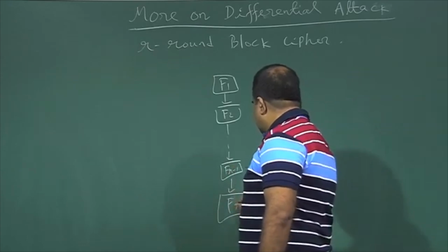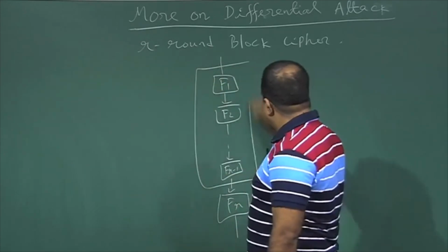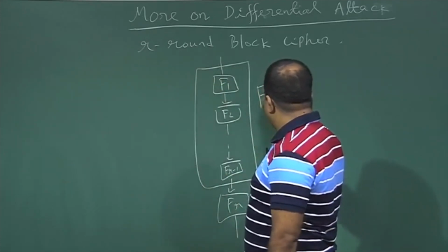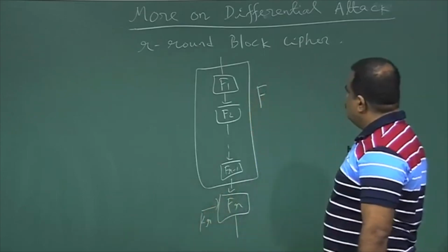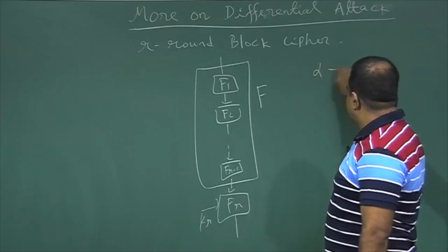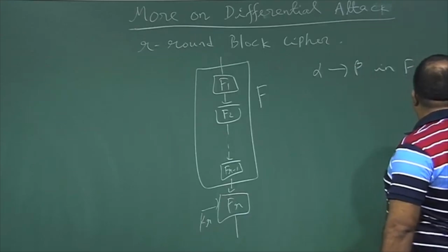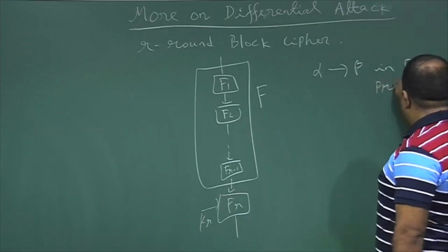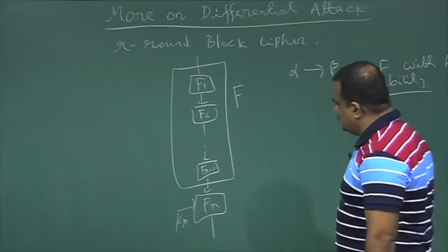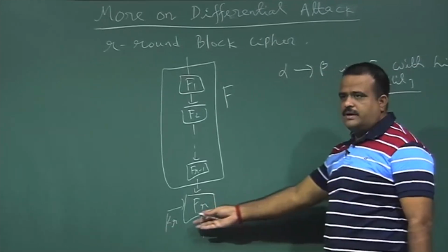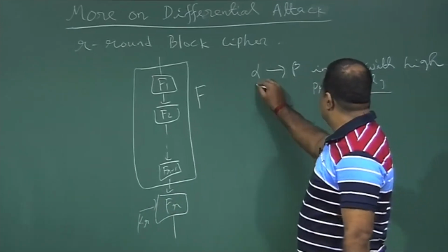The last round is F_R, and this is the plaintext, this is the ciphertext. Now this we call F, and this is the rth round key, and if some differential alpha going to beta exists in F with high probability, then we have seen we can find K_R, the rth round key, by mounting differential cryptanalysis.